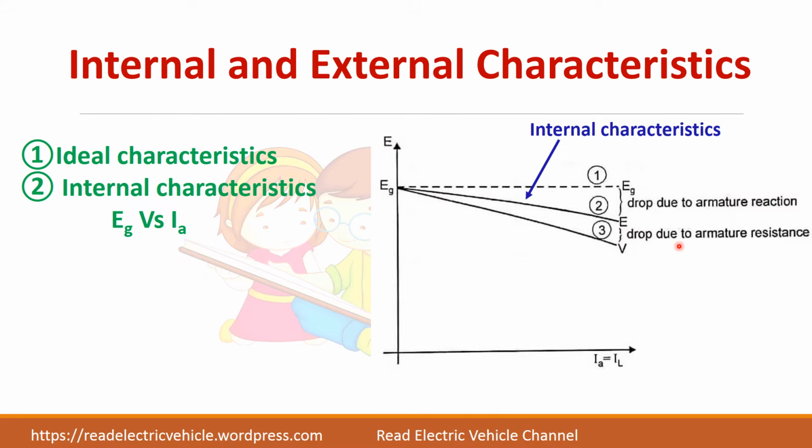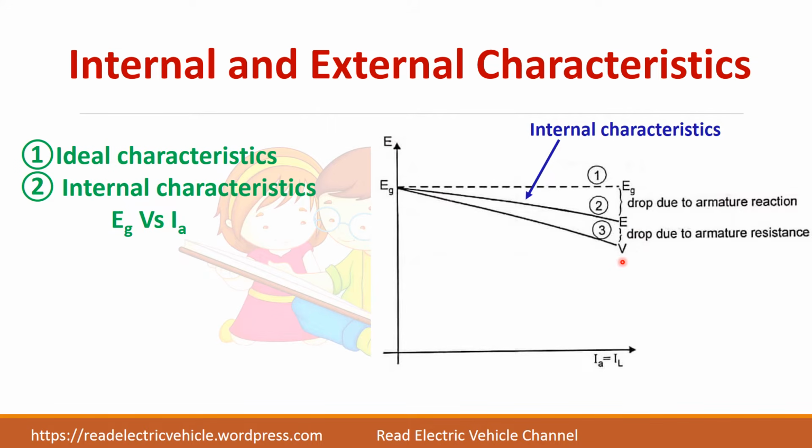But there is also another drop due to armature resistance. We know in armature there will be a resistance RA, and I into R will drop. So due to that, one voltage drop will occur.